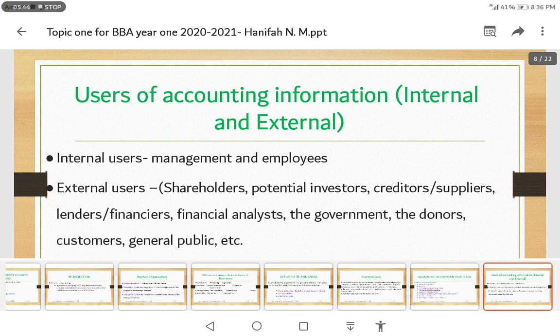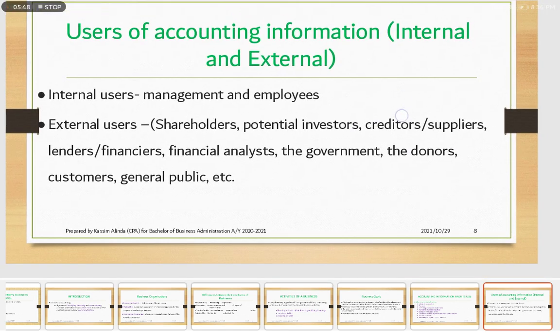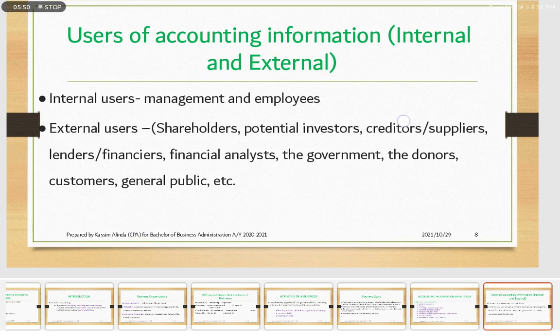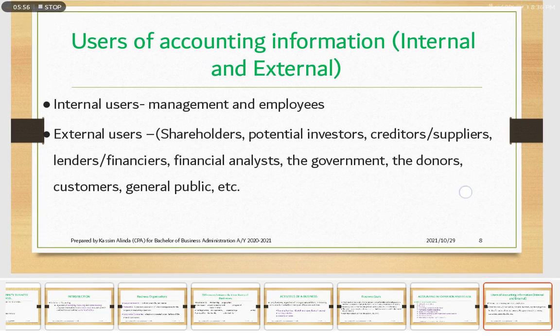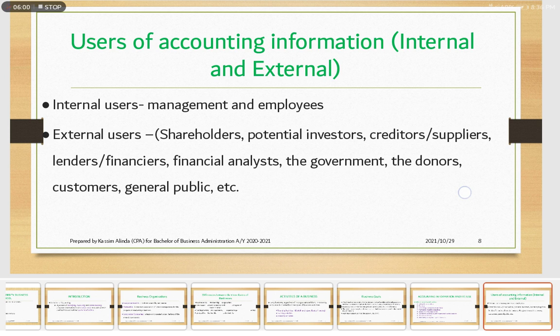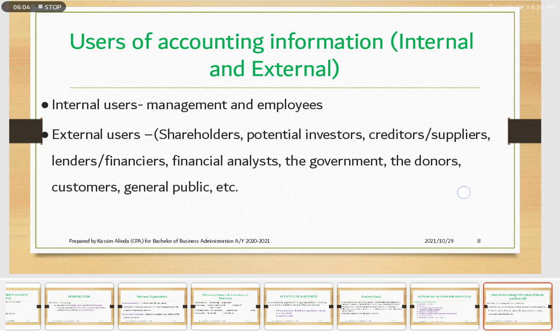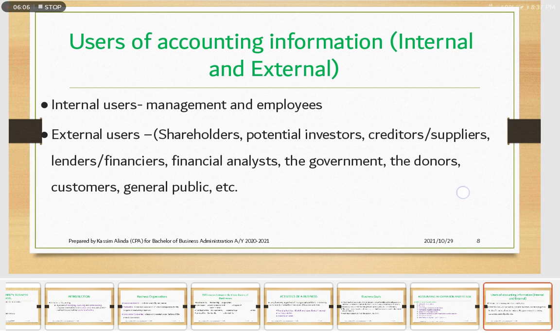Then we have the shareholders. They are interested in the financial position to determine the profits or the dividends that will be paid to them. Then we have the debtors, who are interested in knowing whether the business is a going concern. Then we have the potential investors, who are interested in the financial performance of the firm.